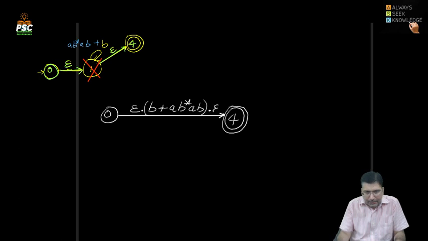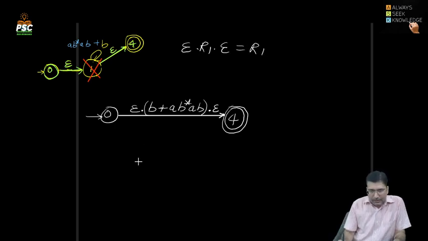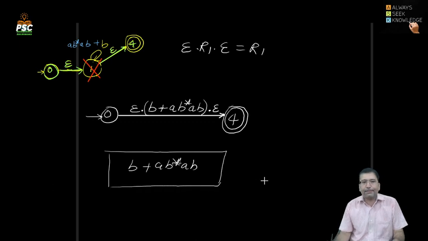These epsilons are nothing. You can concatenate epsilon with anything in any manner, you will get that thing. So finally that automata has been converted into B or AB asterisk AB. This will be the final answer of the question which we have solved.